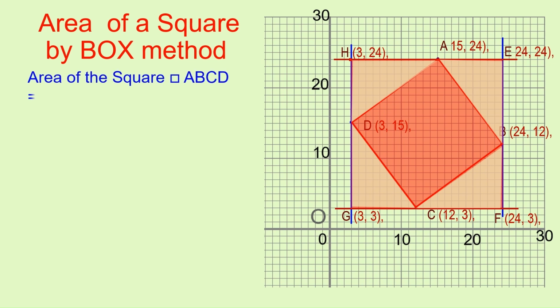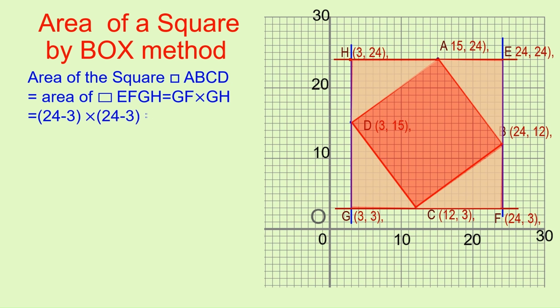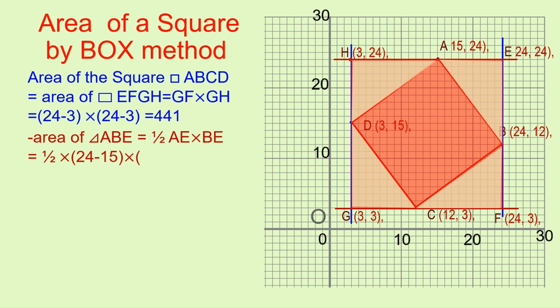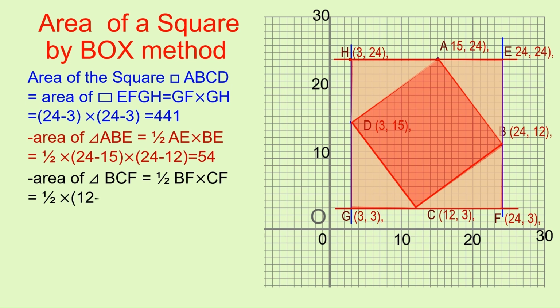Area of the square ABCD equals area of rectangle EFGH equals GF times GH equals (24 minus 3) times (24 minus 3) equals 441. Area of right-angled triangle ABE equals 1/2 AE times BE equals 1/2 times (24 minus 15) times (24 minus 12) equals 54. Area of right-angled triangle BCF equals 1/2 BF times CF equals 54.